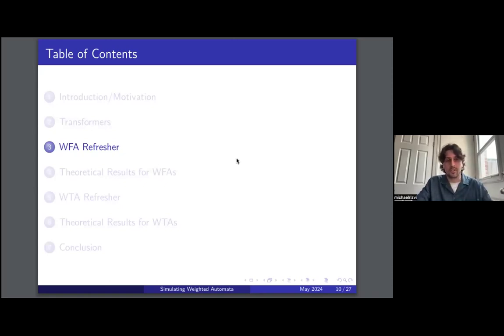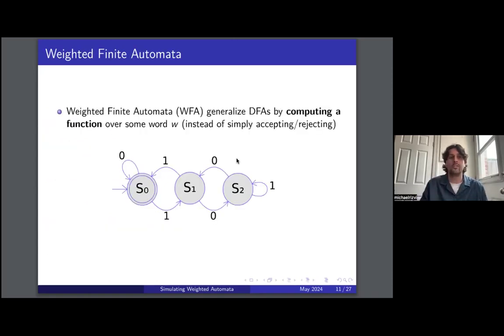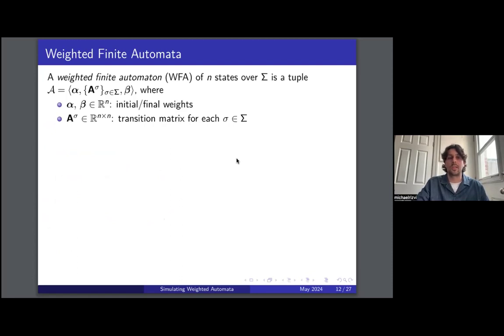Next, I'm going to give a quick overview of weighted finite automata, or WFA. Weighted finite automata generalize DFAs in the sense that they compute a function over a word instead of simply accepting or rejecting it. That's the biggest takeaway from WFAs. Mathematically speaking, there are three main ingredients that make up this kind of model.